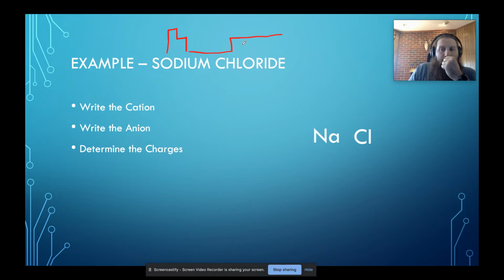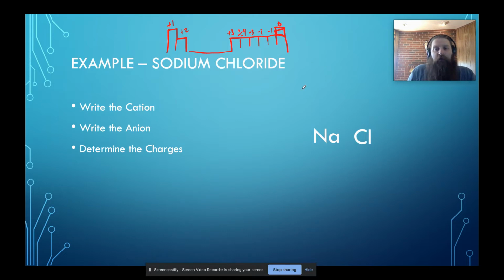And the P block has 6. So let's see, we got 2 there. 1, 2, 5. There we go. And there's our helium. Okay. So these guys are always +1, so +2, +3. These can be plus or -4, -3, -2, -1, and the noble gases are 0.